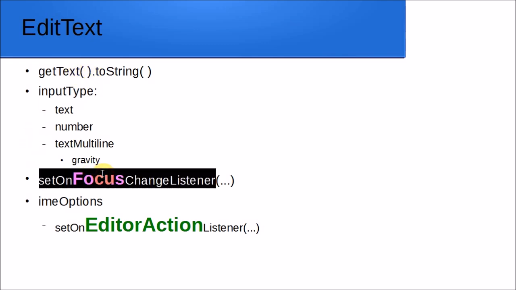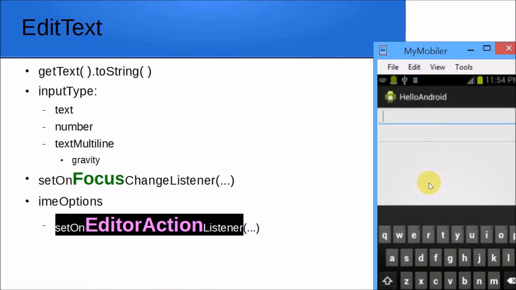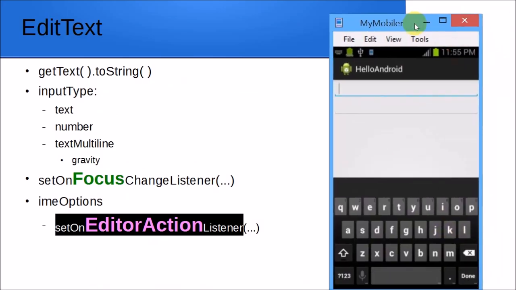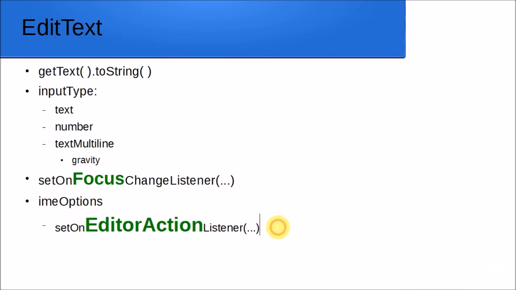You have to track when they switch from one text box to another via the focus mechanism, and you also have to track that some people will use the done button or the next button on the keyboard, like the done button here in the lower right hand corner of the keyboard. You need to track that, because that's when they finish entering their stuff.